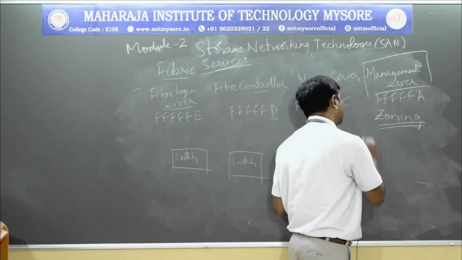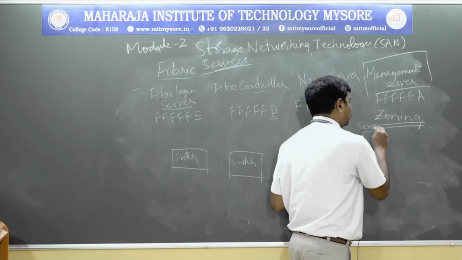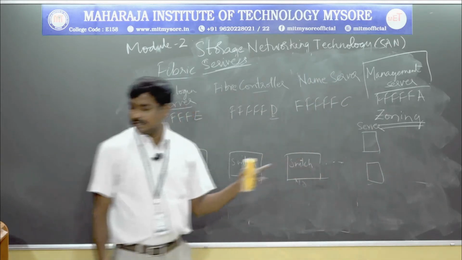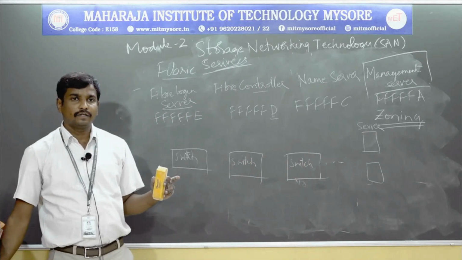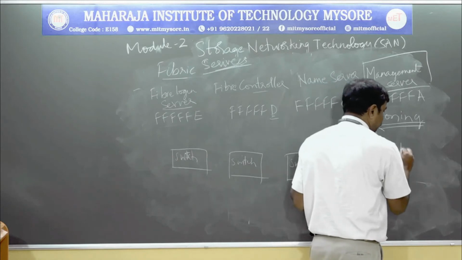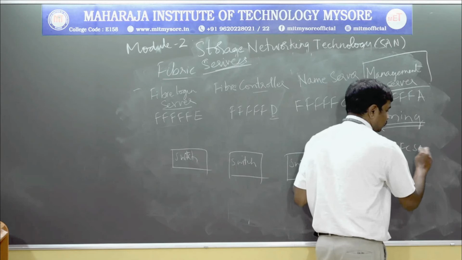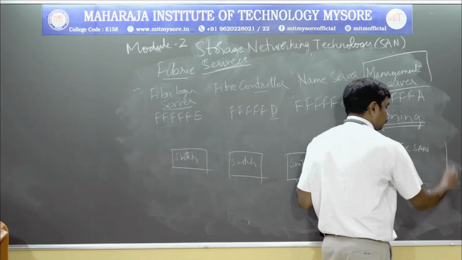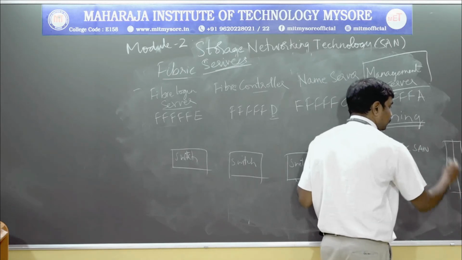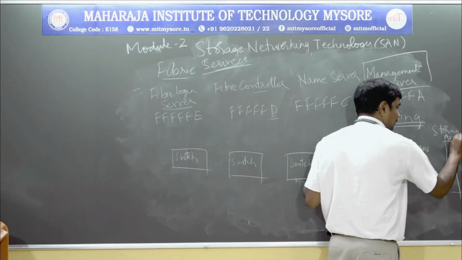For example, we are connecting a server like this, okay. This is the server which we are connecting. These servers are connected along with the fiber channel storage area networks. This is connected to the fiber channel storage networks for the storage arrays, that means the data centers.